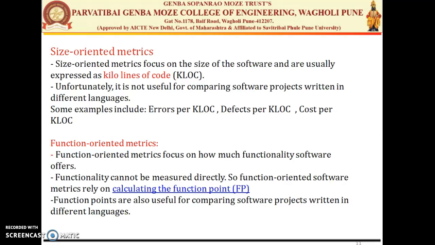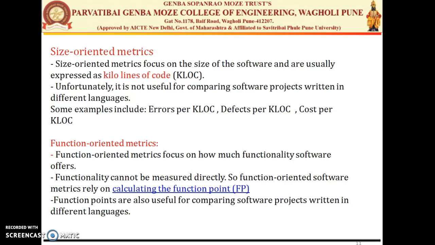But unfortunately it is not useful for comparing software projects which are written in different languages. Suppose one project is written in Java, using object oriented programming, and the other software is using functional or procedure oriented programming like C and other languages.